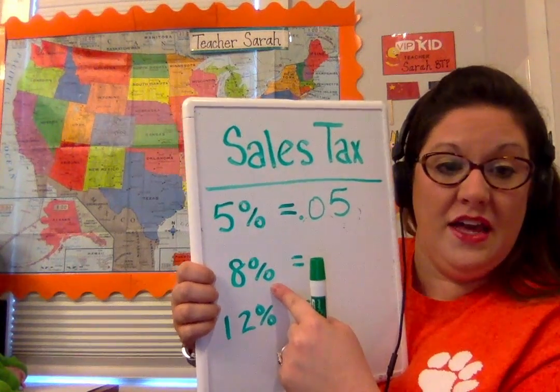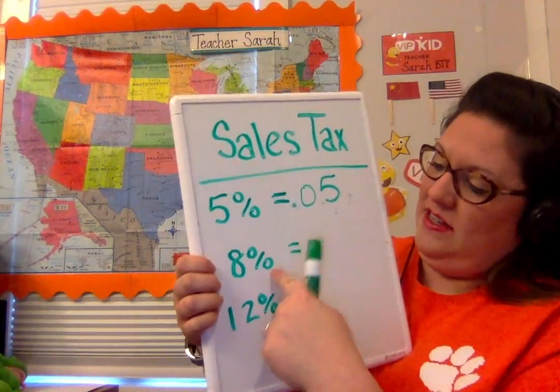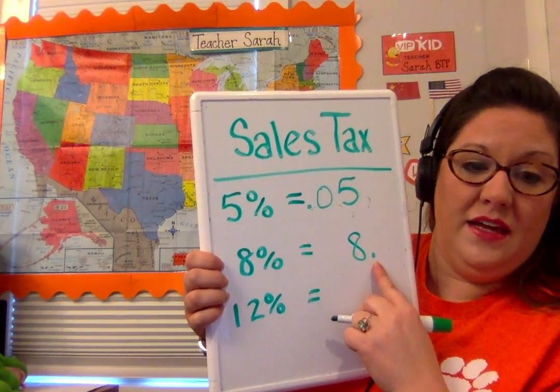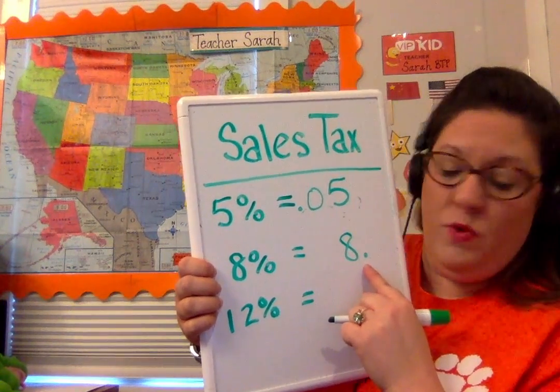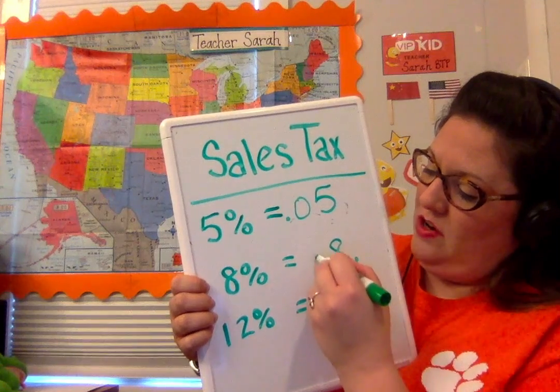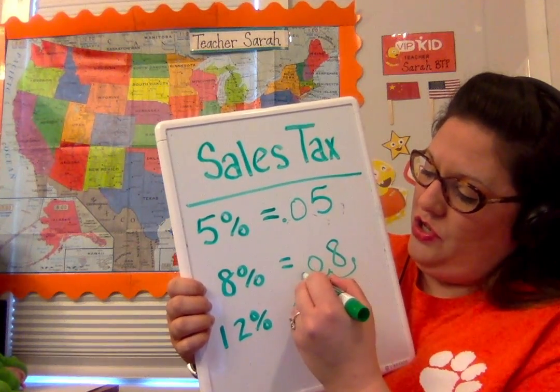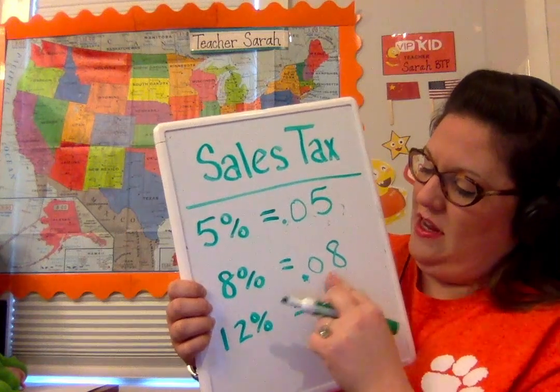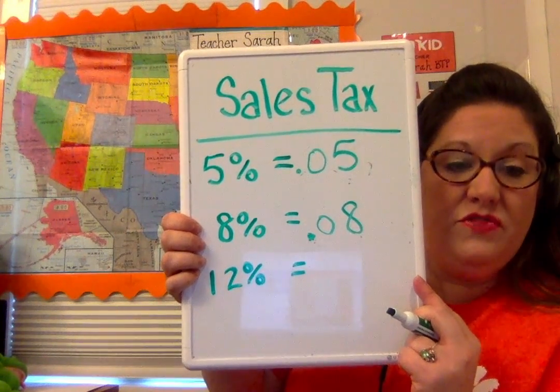Let's take a look at the tax of 8%. Well, right now our decimal comes at the end. We're dividing by 100, which moves our decimal 2 places to the left, and we get 0.08 for our decimal.